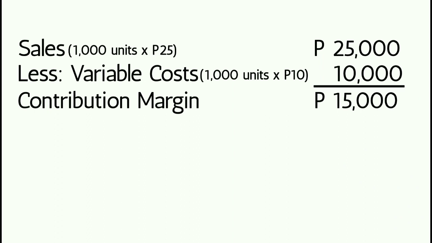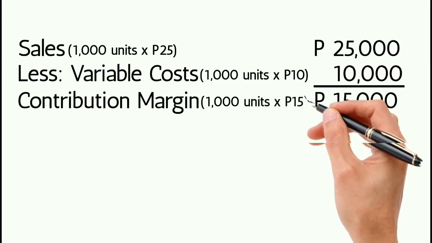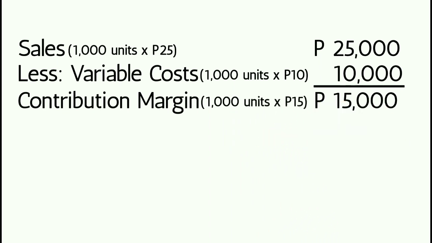You can also compute the contribution margin by multiplying the 1,000 units and 15 pesos. 1,000 units times 15 pesos, that is equal to 15,000 pesos. Take note, yung 15 pesos dito, yan yung contribution margin per unit.